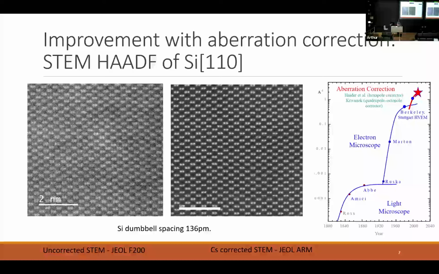This has been happening for the last 20 years or so that we've been using these aberration corrected instruments. On the right-hand side, we can see the resolution from light microscopes, how electron microscopy really helped us to see finer and finer details. And then at the top here is the birth of aberration correction, which has really helped us to push further into the resolution of these systems.